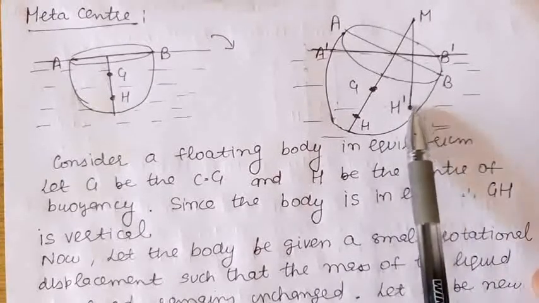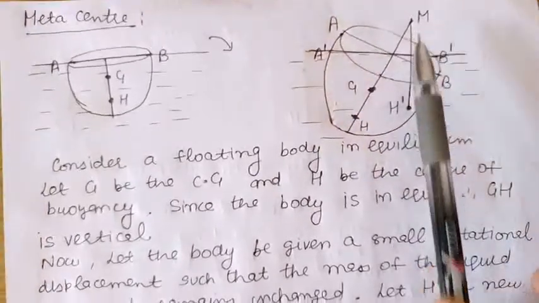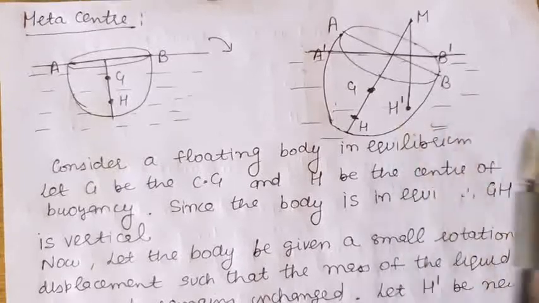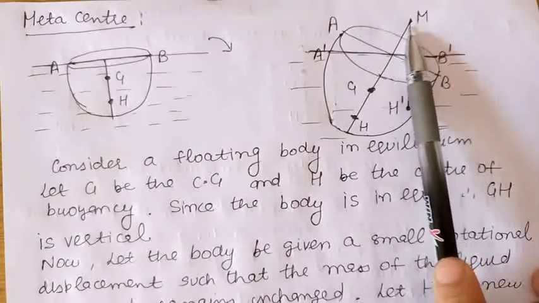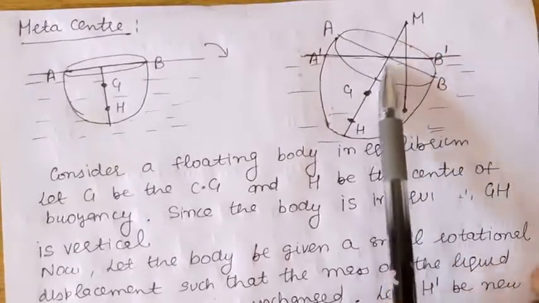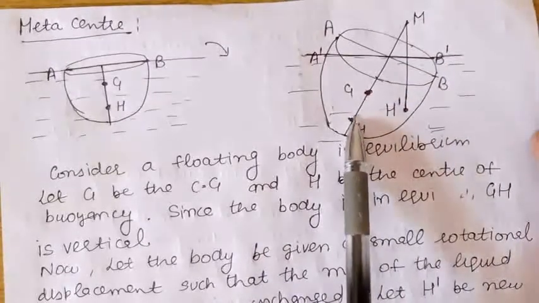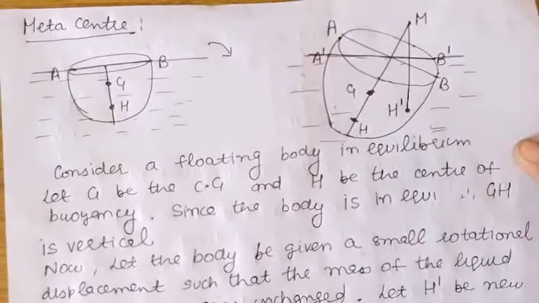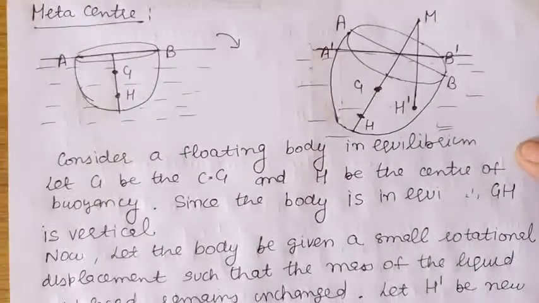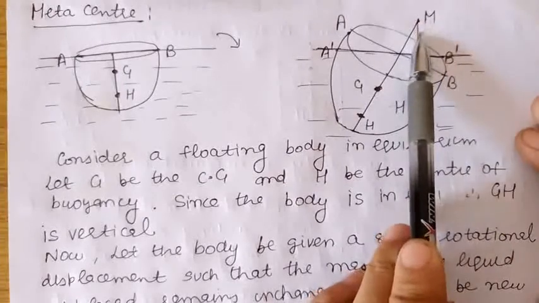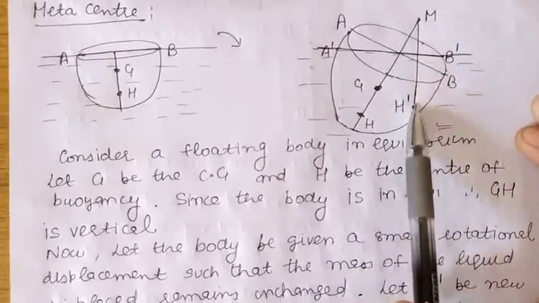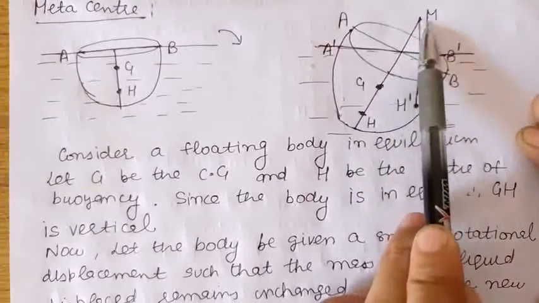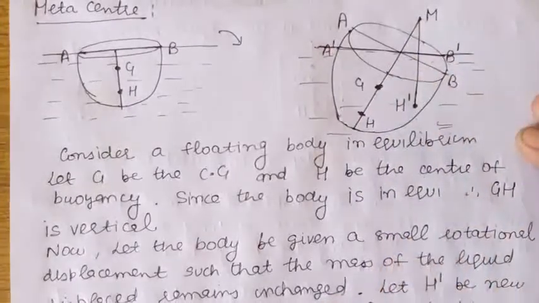If we draw a vertical line through the point H dash, then the point of intersection M of the line joining the points G and H and the vertical line through H dash is called the Metacentre.